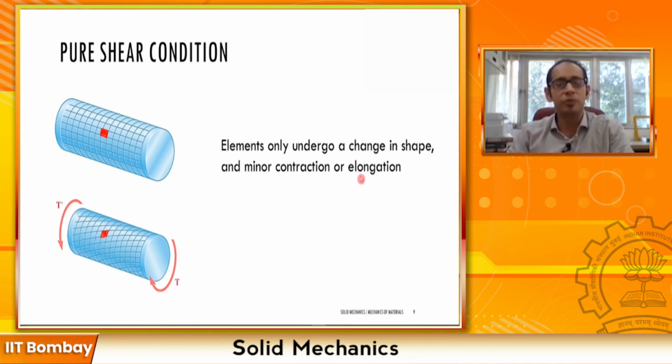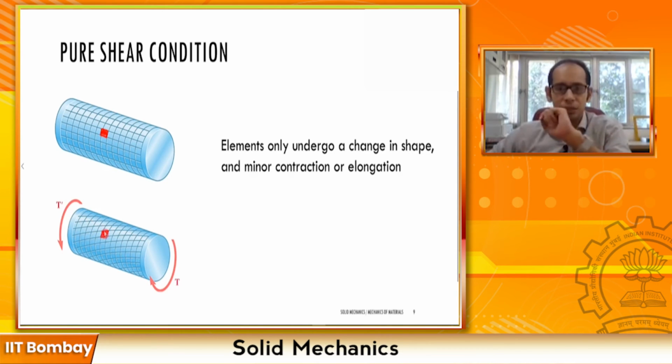These are the elements which are in pure shear. When you apply an expansion or a contraction, the element expands or contracts, right? Whereas if you're applying shear, then that particular element only undergoes a change in shape. Exactly what is going on here. This red colored element which we just drew over here is not undergoing any appreciable expansion or contraction, but it is undergoing a change of shape.